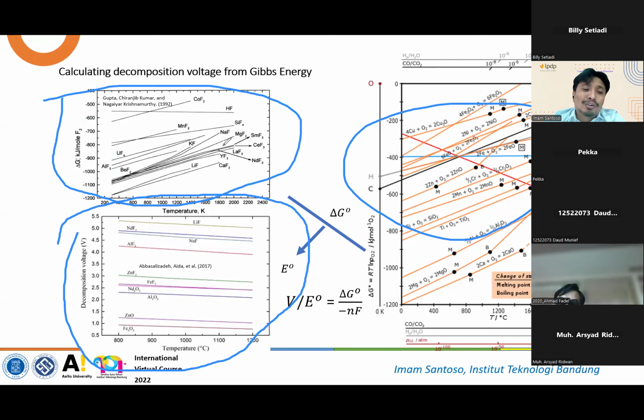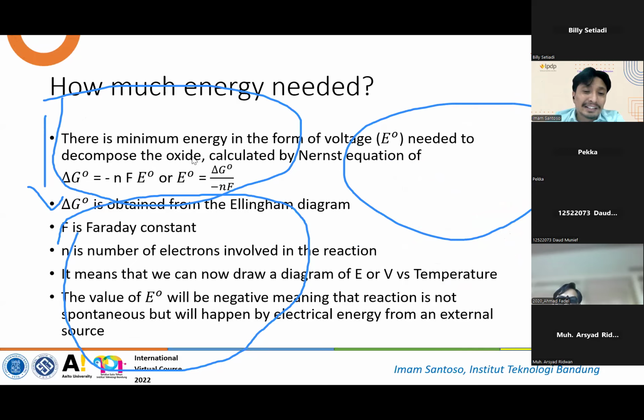How to change from the Ellingham to the potential diagram? It is easy by using the Nernst equation. The Gibbs energy is equal to nF times the potential, so the electrochemical potential equals Gibbs energy divided by the number of electrons and the Faraday constant.